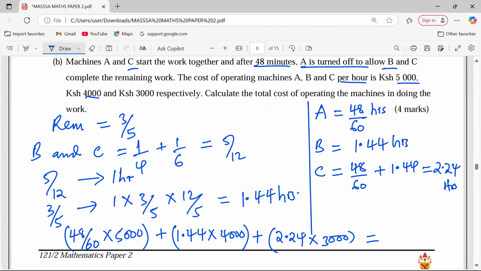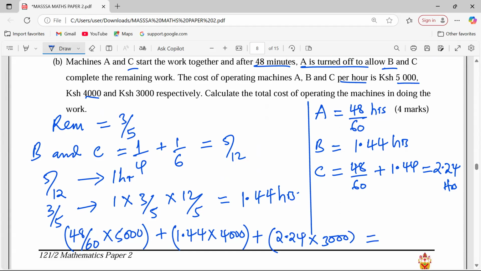So we can add all this, whereby we start with the 48 over 60 multiplied by 5,000. Then we add 1.44 multiplied by 4,000. Then we add 2.24 multiplied by 3,000.